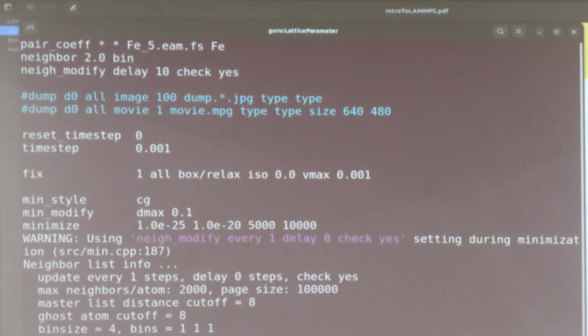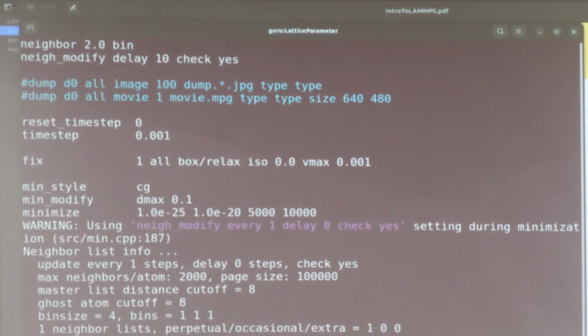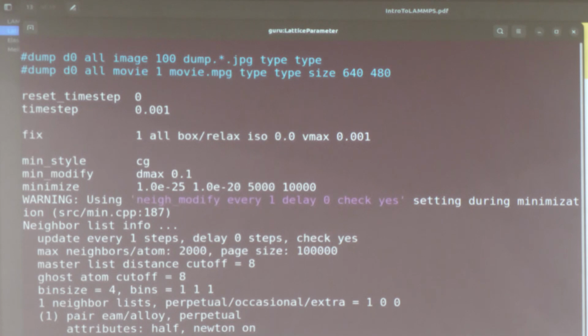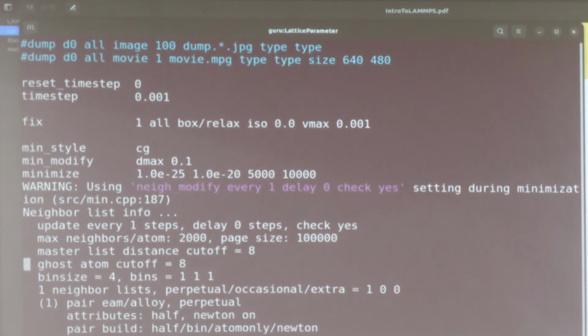Okay. And neighbor list update every 1 step, delay 0 steps, check S, maximum neighbors and master list distance cutoff, ghost atom cutoff. Some of these things we have not discussed. Yep. I think the warning is that they, for whatever reason, prefer in the minimization routine to do the neighbor list often.